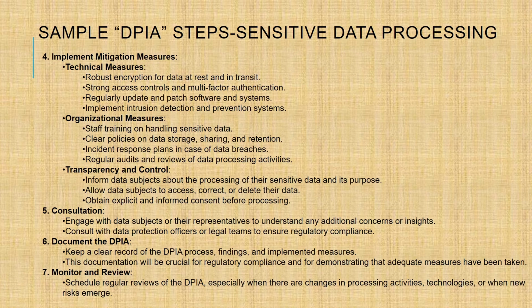This documentation will be crucial for regulatory compliance and for demonstrating that adequate measures have been taken. And the last step is to monitor and review. Schedule regular reviews of the DPIA, especially when there are changes in processing activities, technologies, or when new risks emerge.